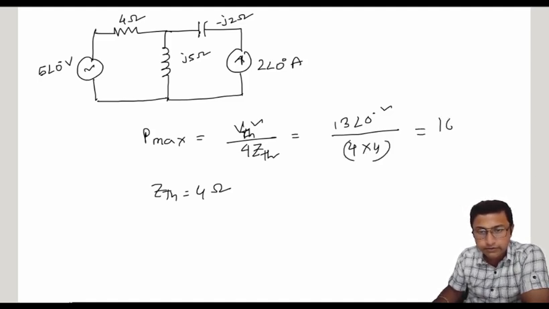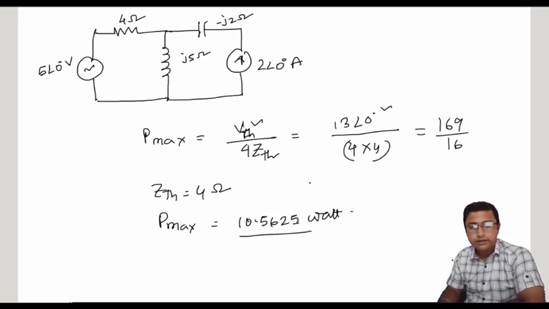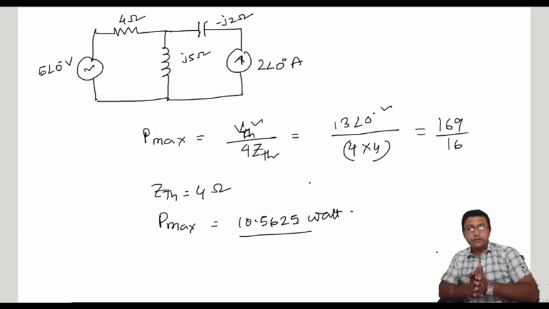So that means 169 by 16. So your P max will be 10.5625 watt. That means the procedure for finding the VTH and ZTH is exactly similar to Thevenin's theorem.